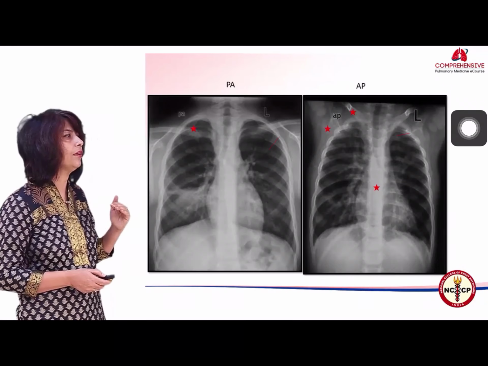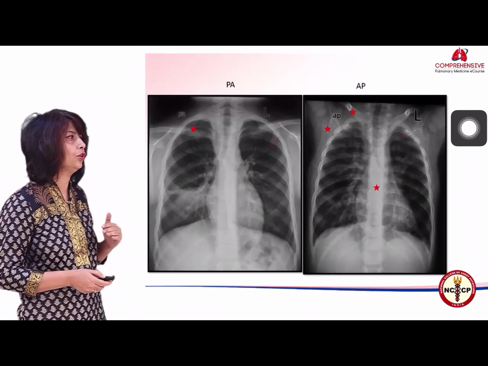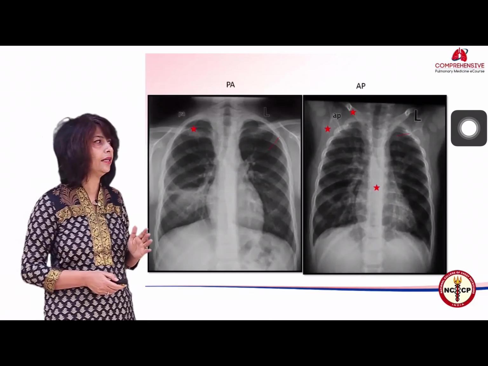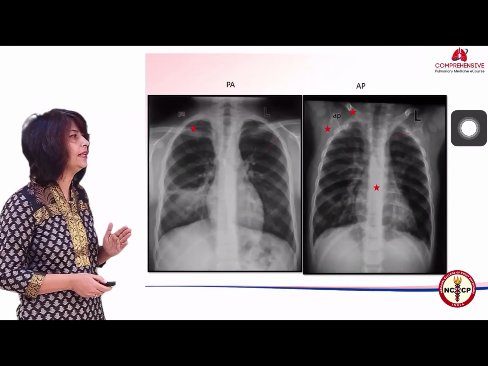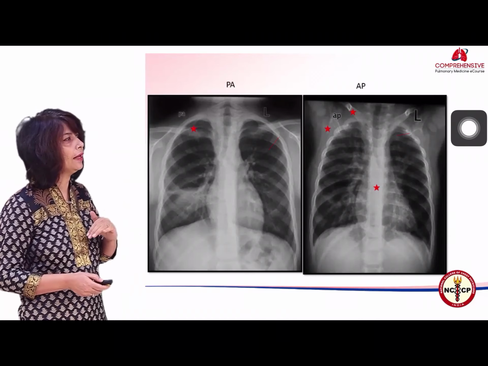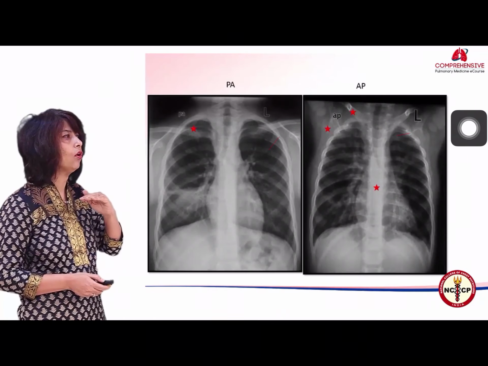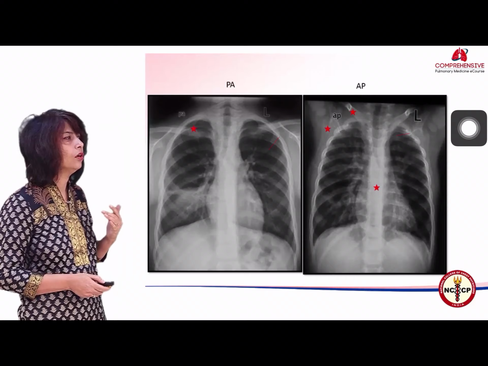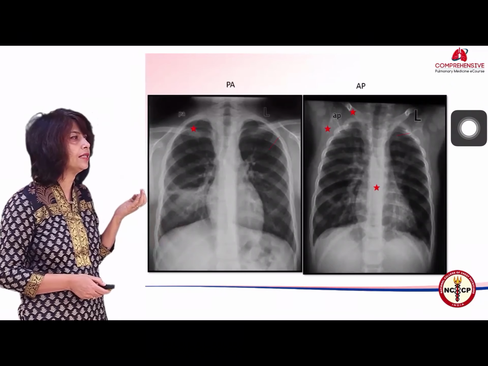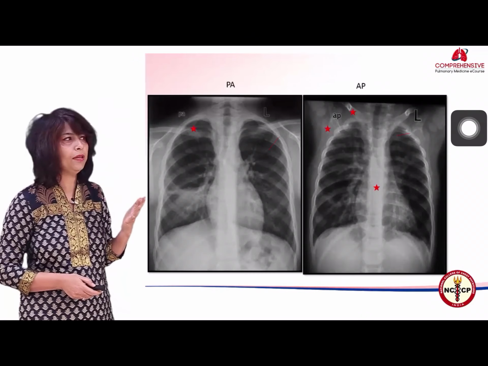Then we come to the ribs. I drew the line to show you that in the PA, we are mapping the anterior end of the rib, which is sloping downwards, while in an AP view it is more horizontally oriented. Also, as I told you in the quality criteria, the IV disc spaces should barely be visible.